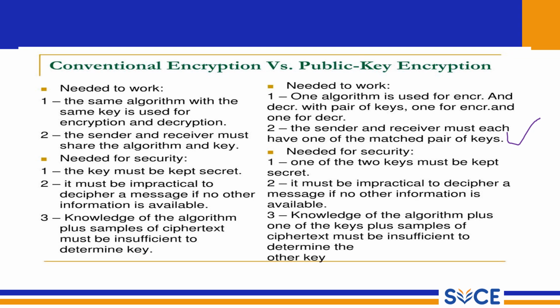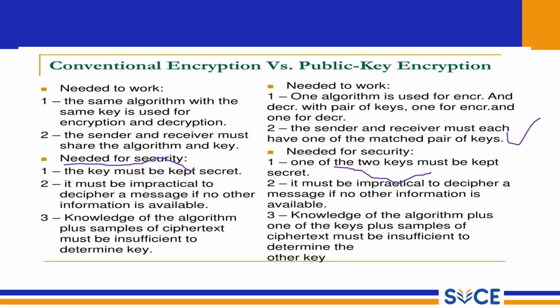Okay, and next is what is needed for security. In conventional encryption, the key must be kept secret, whereas in public key encryption, one of the two keys must be kept secret. The second point is that it must be impractical to decipher a message if no other information is available.